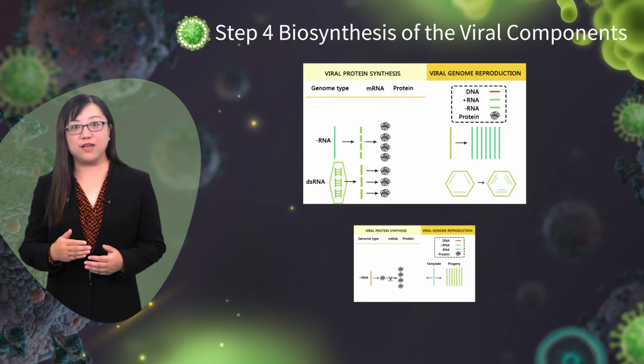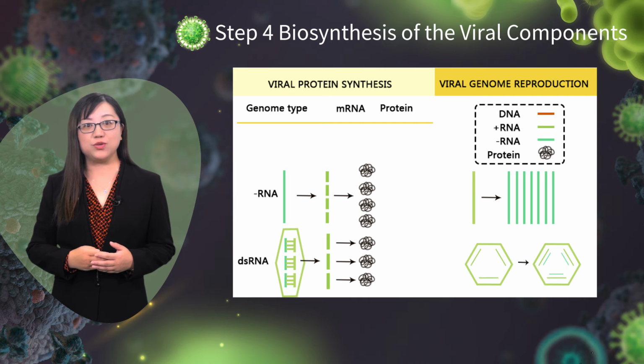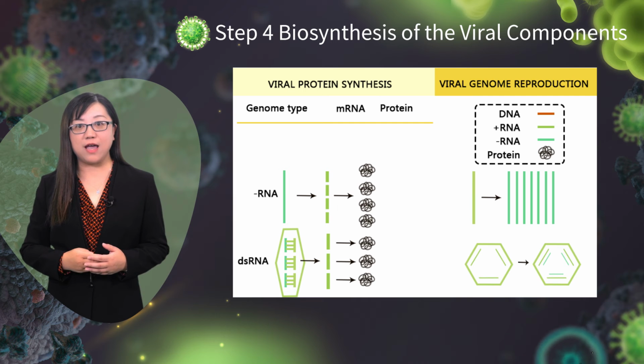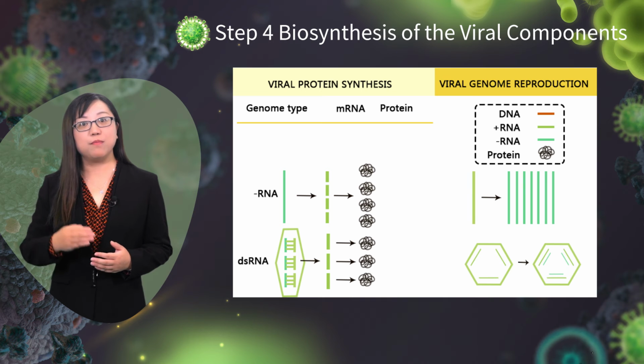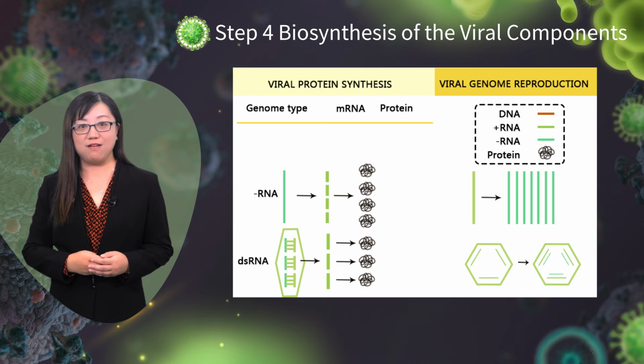Negative sense RNA virion carries RNA polymerase. The viral RNA is transcribed into mRNAs and a full-length positive RNA template by the RNA polymerase. Double-stranded RNA acts like negative sense RNA.